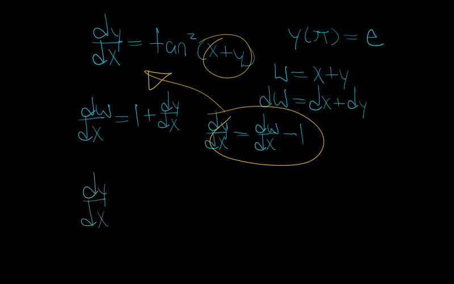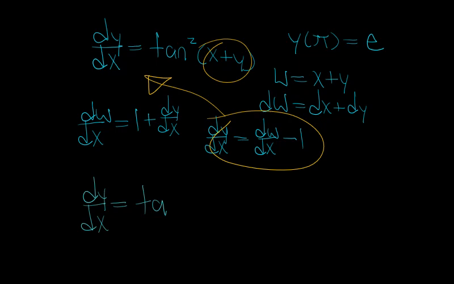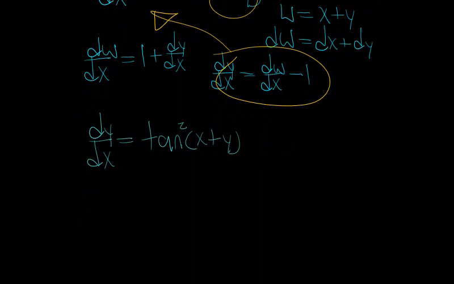So now bringing this expression and subbing it into this equation, dy/dx equals tan squared (x plus y). Since dy/dx is dw/dx minus 1, and tan squared (x plus y) is just tan squared w, we end up with dw/dx minus 1 equals tan squared w.